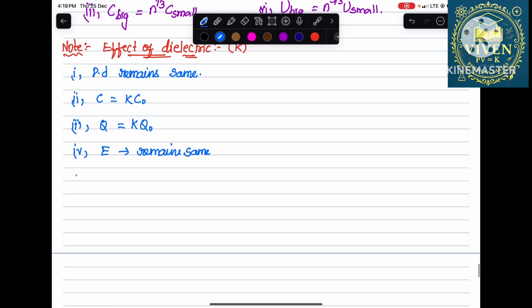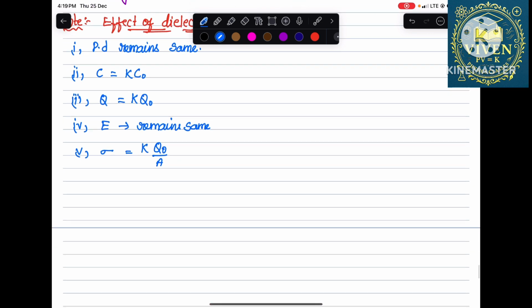And fifth, charge density sigma becomes K times Q naught by A, so K times the previous charge density, K times sigma naught.